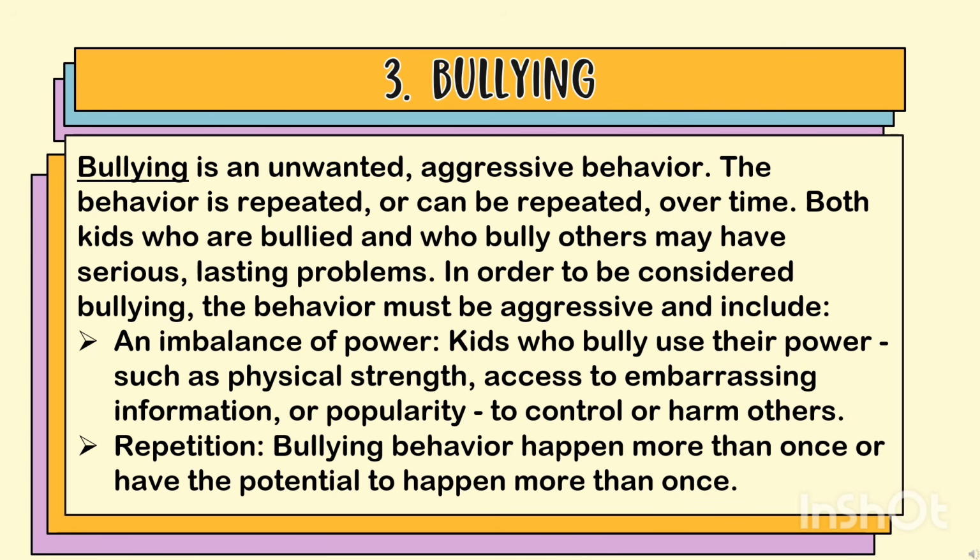In order to be considered bullying, the behavior must be aggressive and should include an imbalance of power. Kids who bully use their power, such as physical strength, access to embarrassing information, or popularity, to control or harm others. Repetition: bullying behavior happens more than once or has the potential to happen more than once.